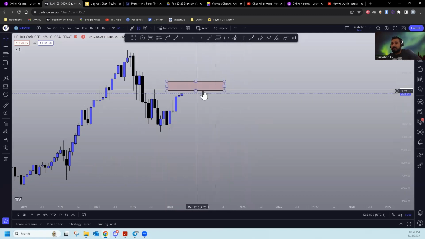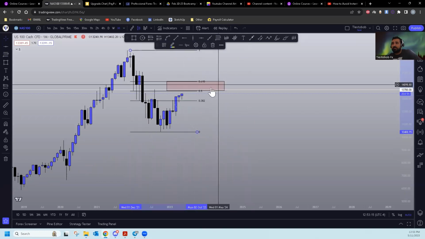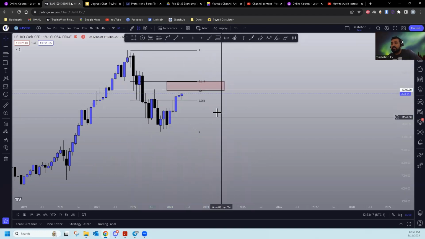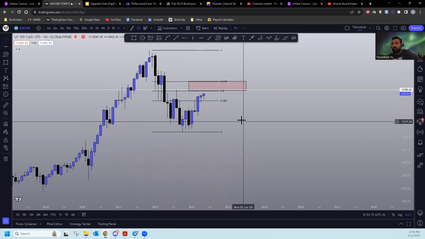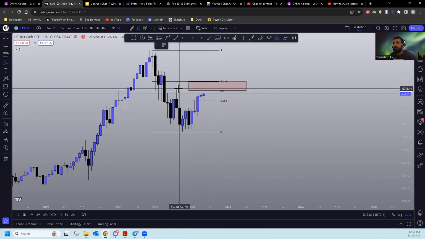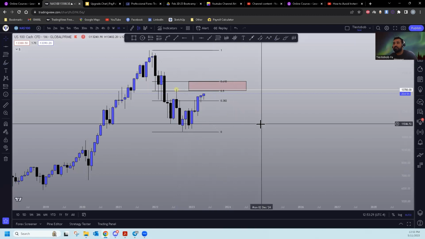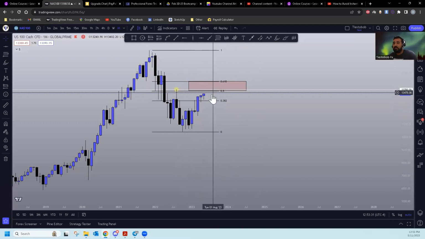So this is going to be a key level within that Fibonacci golden zone that we drew. So let's just leave this for now. On the monthly time frame, we're going to look for price testing this level right here, to see if we see any kind of rejection on the lower time frame for any possible shorts that we can take.